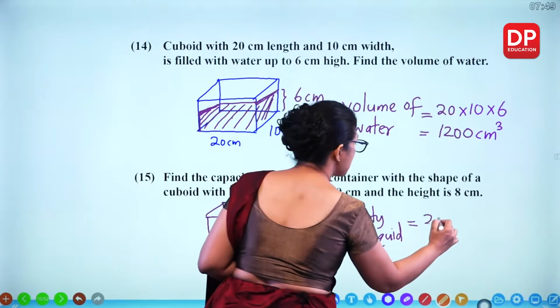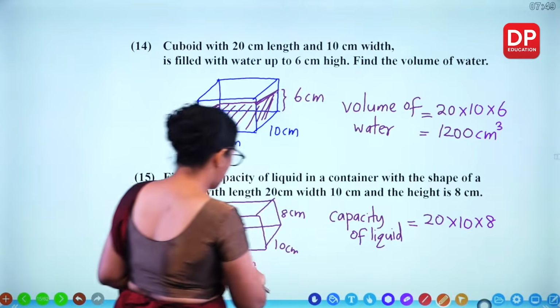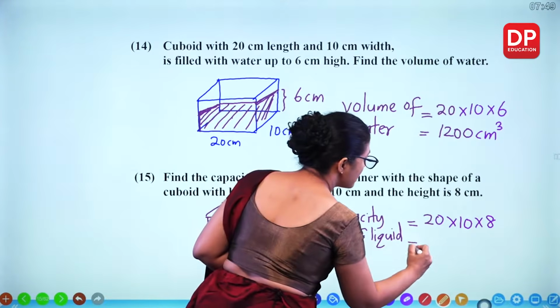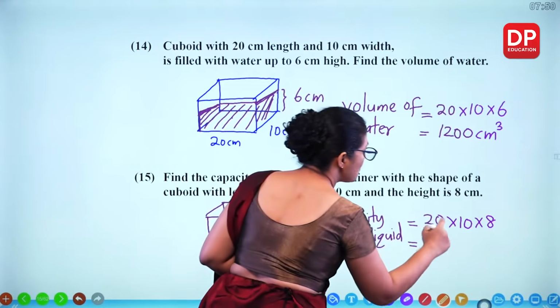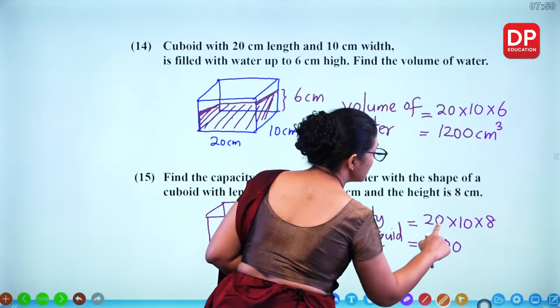20 times 10 times 8. 20 is the length, 10 is the width, and 8 is the height. Then 8 times 2, 16, and 2 zeros.